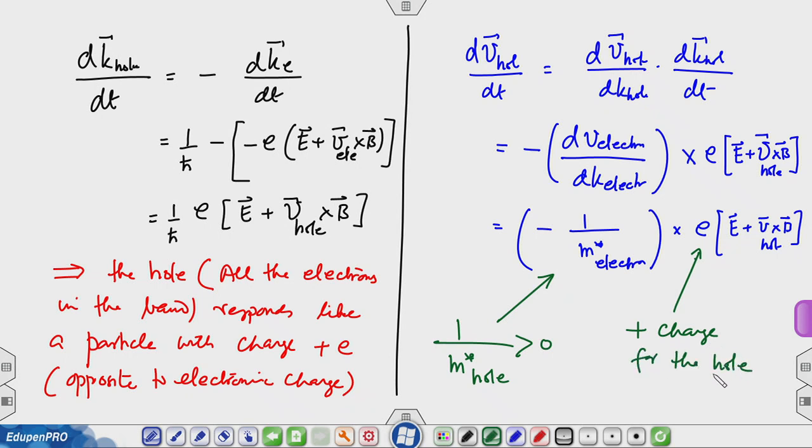So, whole thing is complete. So, effective mass of the whole is minus the effective mass of the electron, and consequently, I also change the charge of the electron.